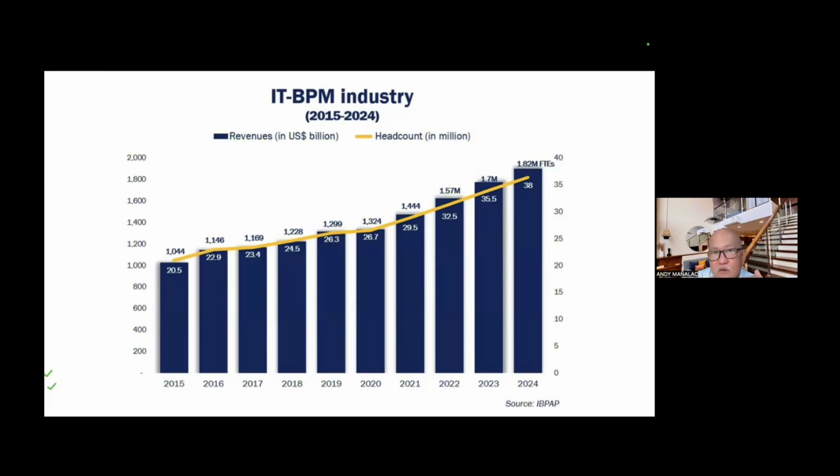But they still grew, which means whether it's a global crisis or an expansion, this outsourcing industry is poised to grow, at different rates now.